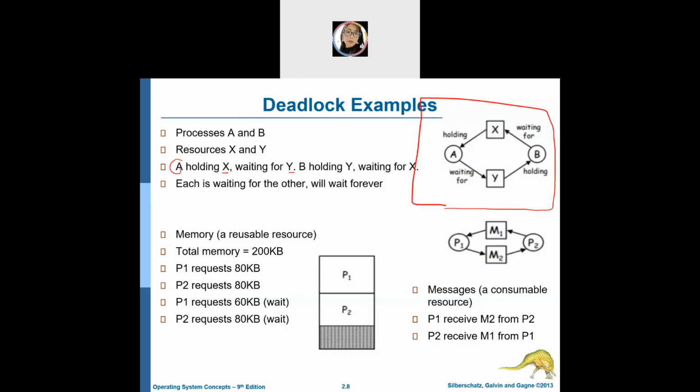This is the example for process A and process B. Process A is holding X, and it waits for Y to start. While B holds Y and waits for X to start.